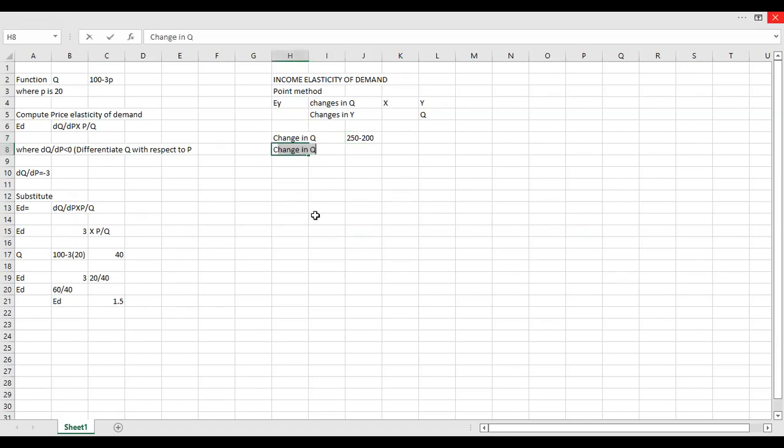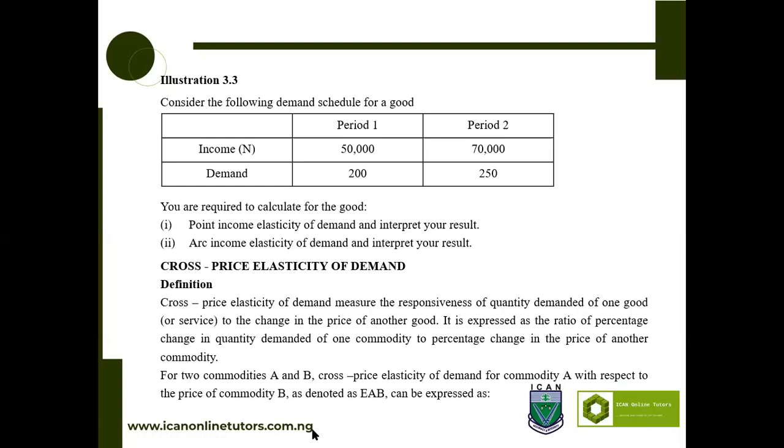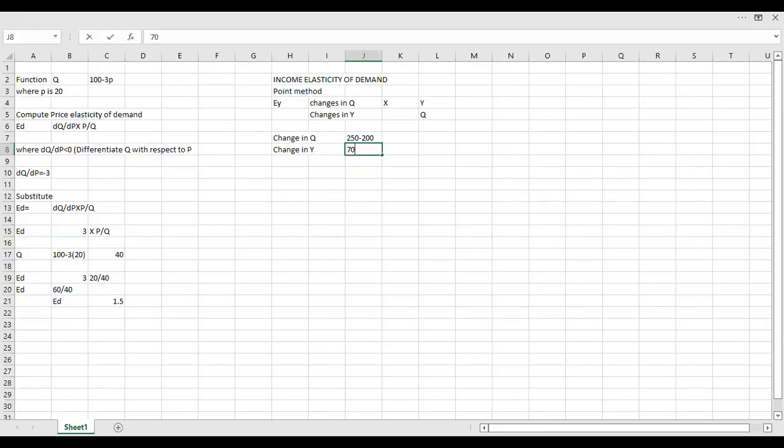Then we also check the change in income. New is 70,000, while old is 50,000, so 70,000 minus 50,000. So the changes are 50 for quantity, while for income it is 20,000.